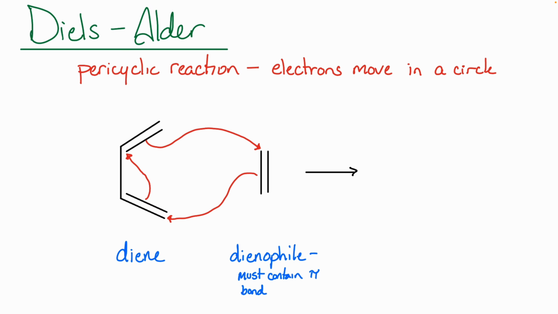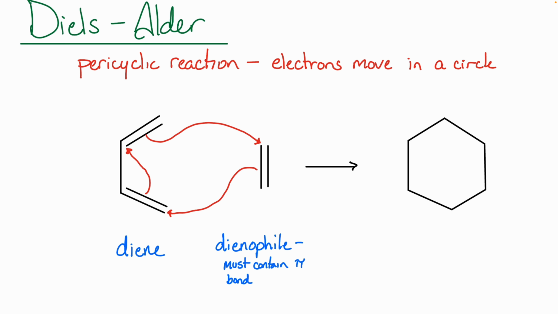So what we're going to get at the end of our Diels-Alder reaction is a cyclic structure, specifically a six-membered ring. And this is the most important thing to keep in mind about these Diels-Alder reactions. You will always get a six-membered ring product.